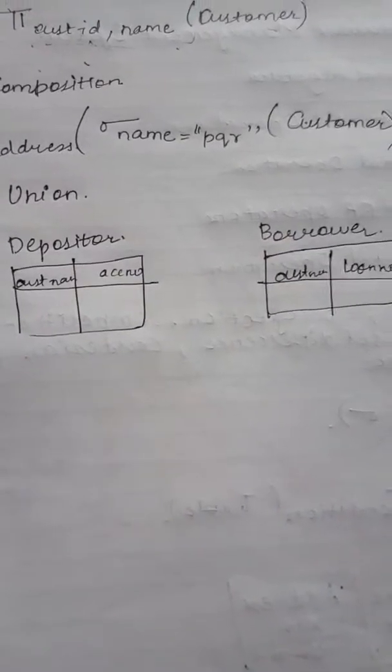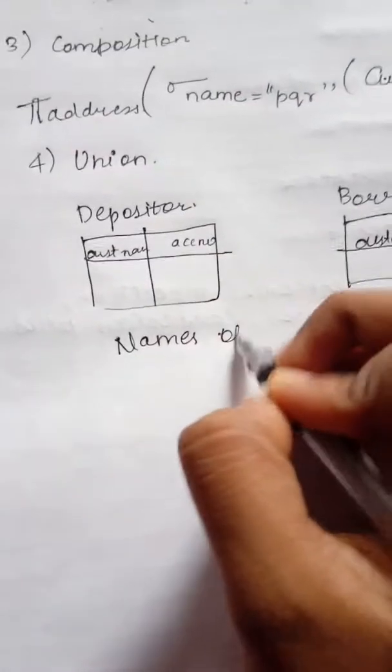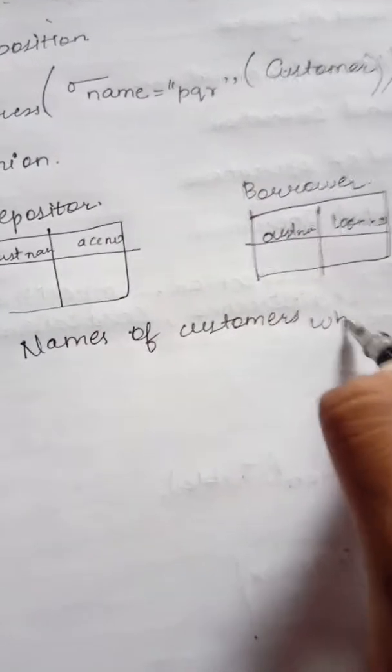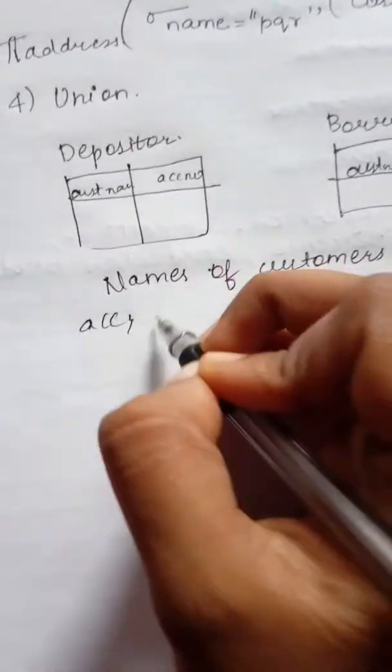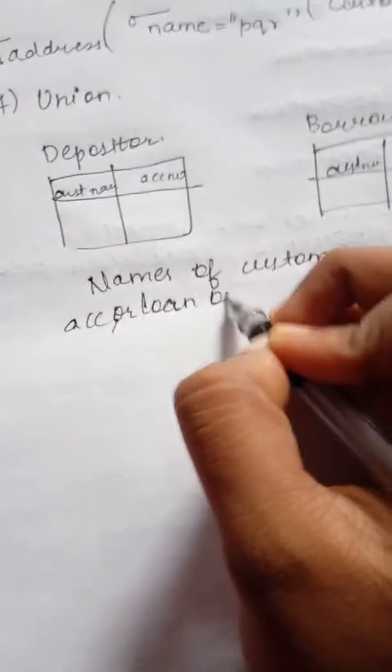Now I want to fire a query to find the names of all the bank customers who have either an account or a loan, or they have both. What I'm saying is, I want to find the names of customers who have either an account or a loan, or both.